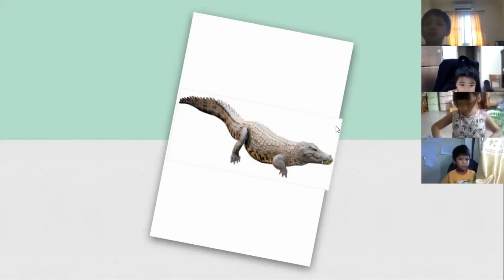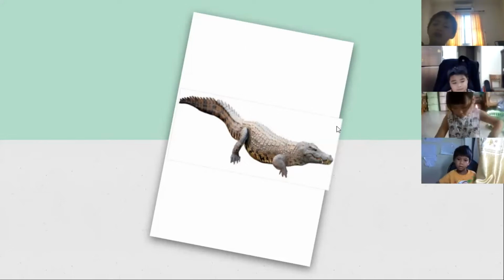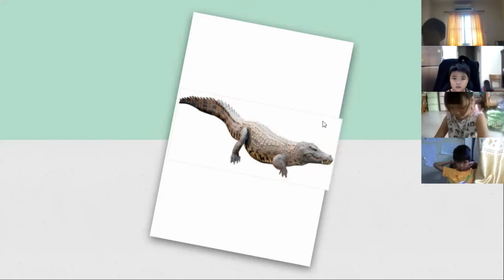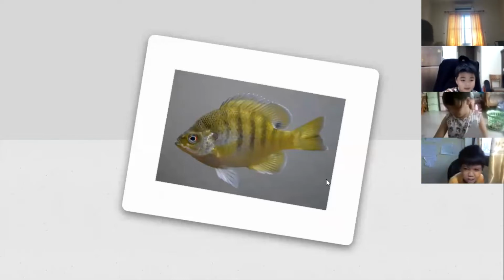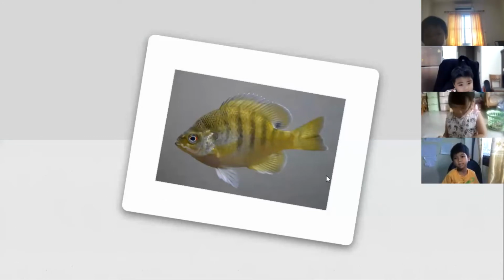A crocodile lives on a farm and also it lives in water. Next, what is this? Fish. Where does the fish live? Okay, the fish lives in water, and the fish also can live in a farm.